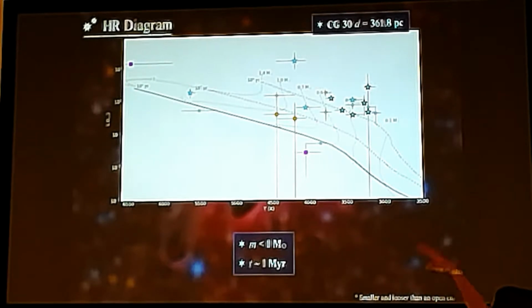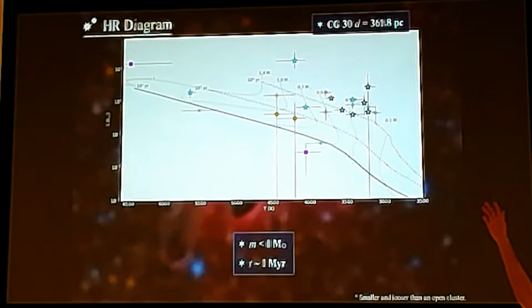I've rearranged the color coding a little bit. The ones you want to pay attention to, the CG30 group, are all in blue now. That's what we're concentrating on. As you can see, several of them cluster near that top isochrone, the 1 million year isochrone. That means they're all probably young, just 1 million years.